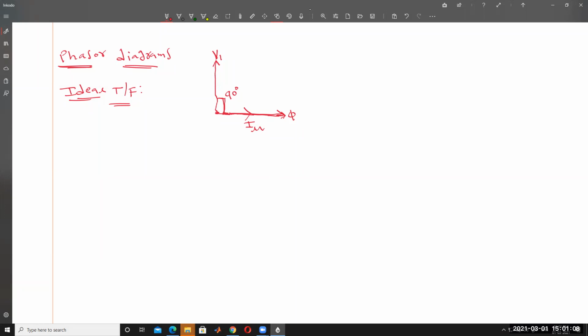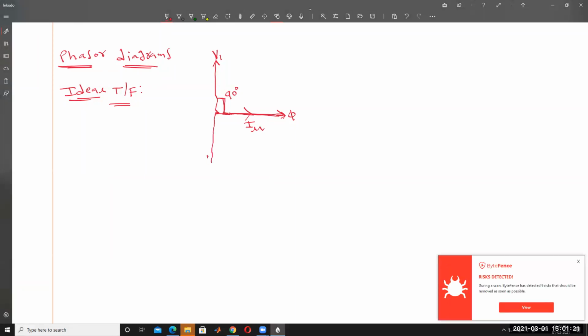And you know well, the EMF induced in the transformer winding is exactly in phase opposition. The EMFs E1 and E2 are exactly in phase opposition. So E1 is equal to E2 and also equal to V2, only the magnitude is different.